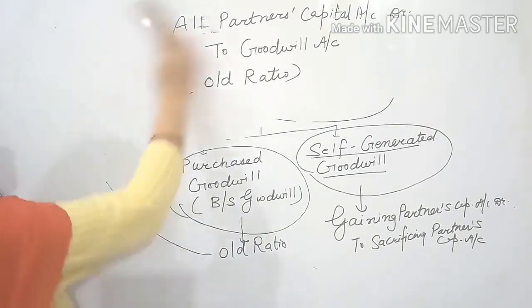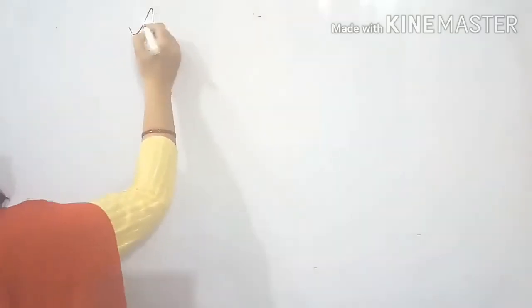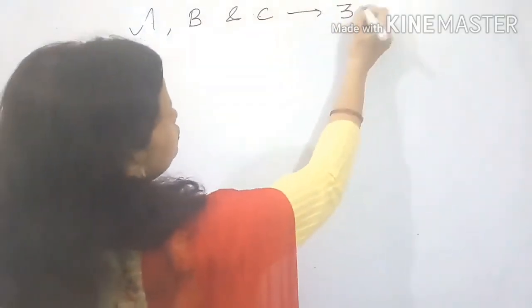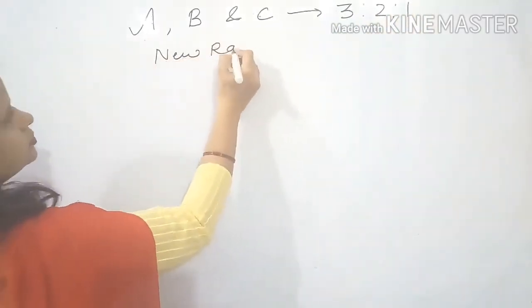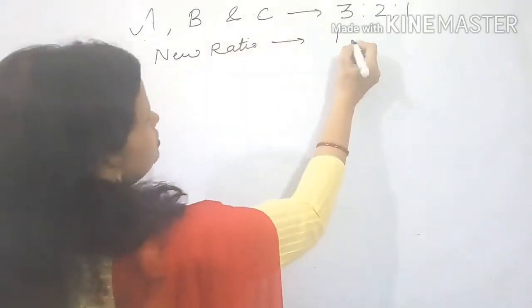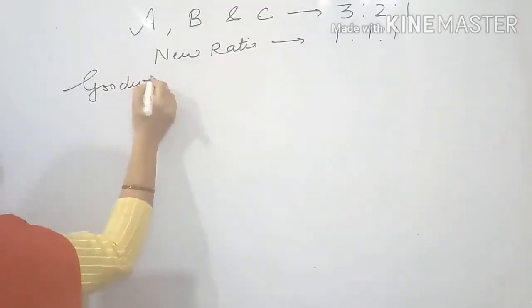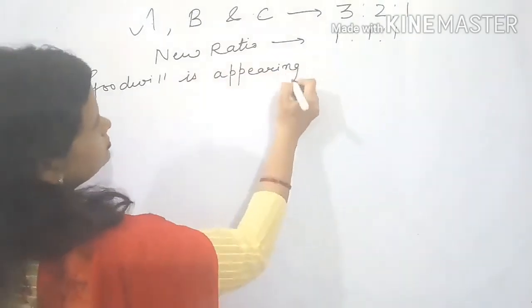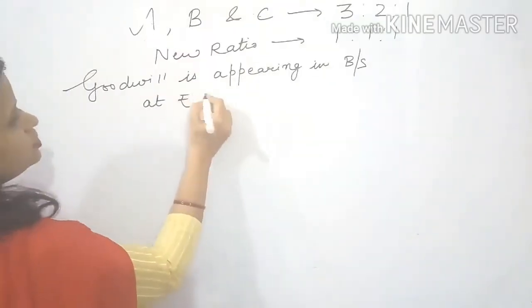Now let us take one example. Three partners are there, A, B and C. They are sharing profits in the ratio 3:2:1. And the new ratio is given to be 1:1:1. Goodwill is appearing in the balance sheet at ₹72,000.